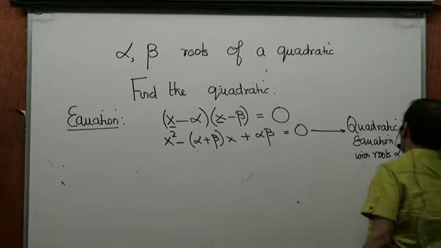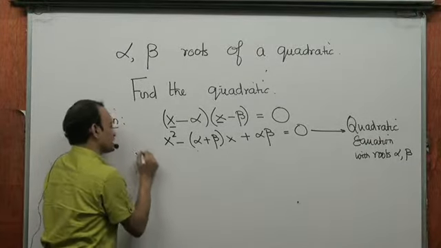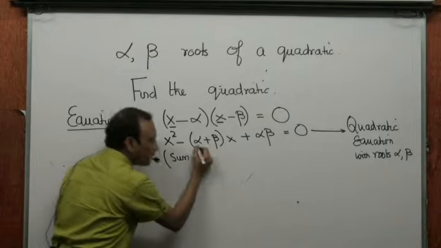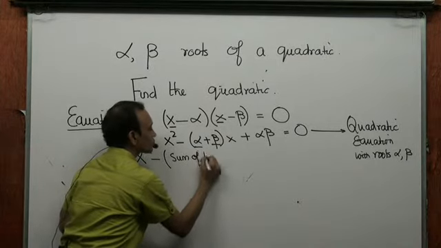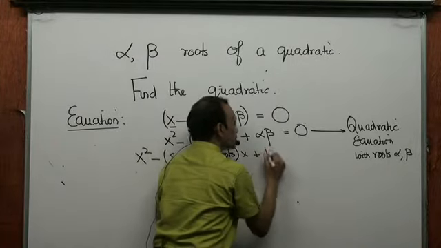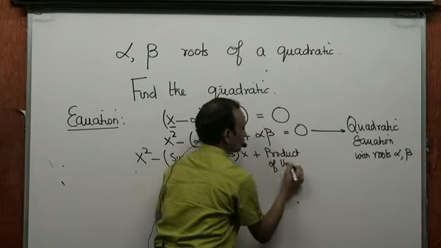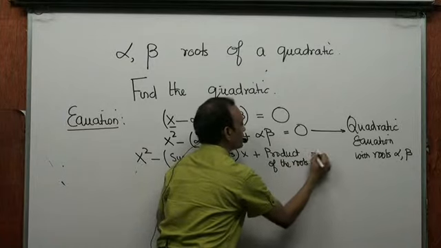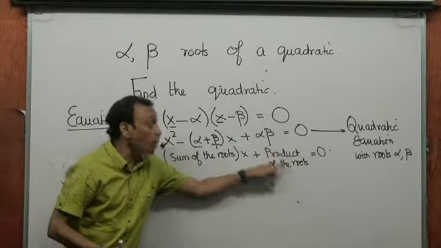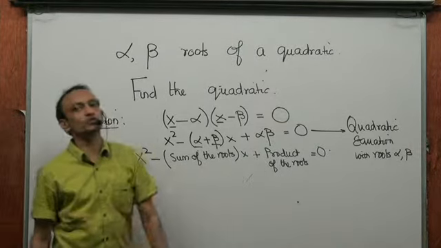So a quadratic whose roots are alpha and beta could be obtained as x square minus the sum of the roots, alpha plus beta, into x plus the product of the roots equal to 0. That means a quadratic whose sum of the roots is known and whose product of the roots is known is x square minus sum of the roots into x plus product of the roots equal to 0.